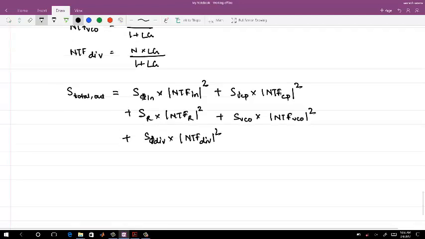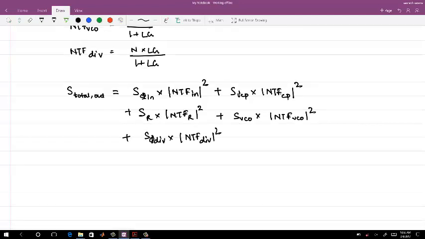So you can find the total noise spectral density in this manner, given you find the independent power spectral density for all the noise sources. And we can calculate jitter from here. Let me stop here and we'll continue tomorrow.